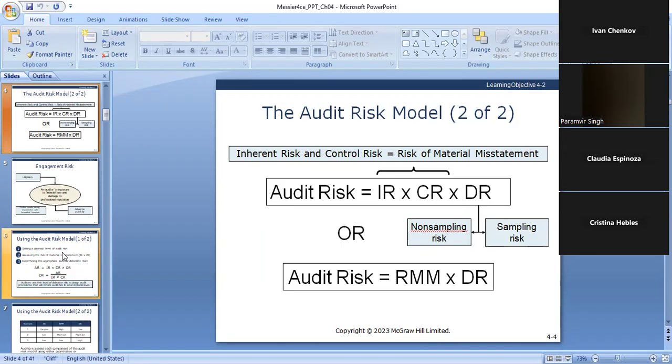Now the audit risk in that case will be the risk of material misstatement times detection risk. That's another interpretation of the formula. Audit risk can simply be risk of material misstatement times detection risk. Why? Because the risk of material misstatement is equal to the inherent risk times control risk.